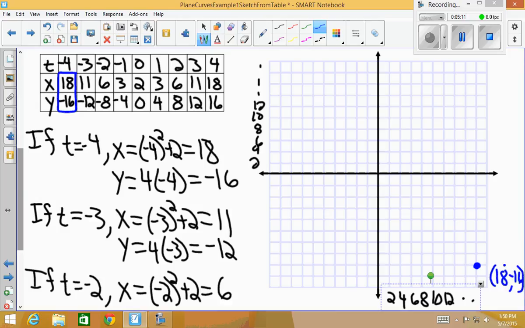Move to t equals negative 3, so we have x is 11, y is negative 12, so 2, 4, 6, 8, 10, 11, and negative 12. 11, negative 12. Keep going. Now, if t is negative 2, we have 6, negative 8. If t is negative 1, then the point is 3, negative 4.